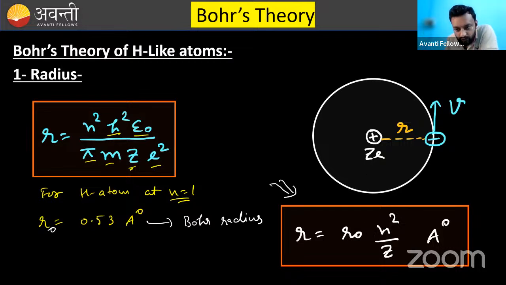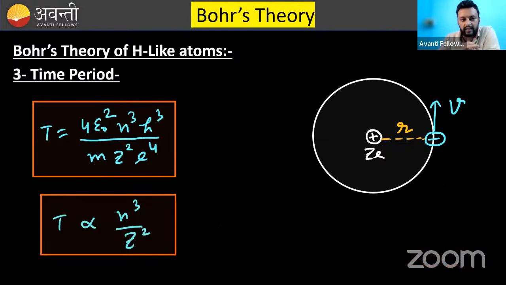Can you see that n is equals to 2? If you put, it will become 4 R naught. N equals to 3, if you put, it will become 9 R naught. So you can get radius of any orbit of hydrogen atom or any other atom using this relation. Very simple relation. Important. Remember this relation. Next comes time period.